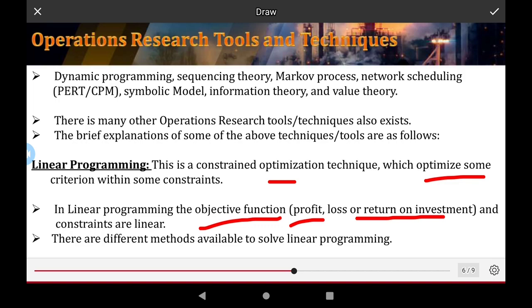There are different models and techniques used to solve linear programming, with constraints and profit and loss.